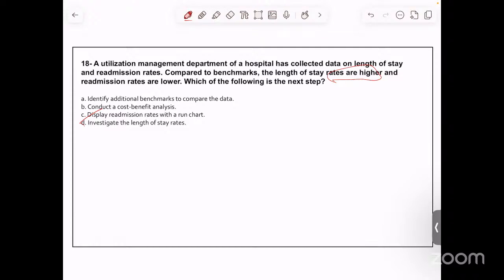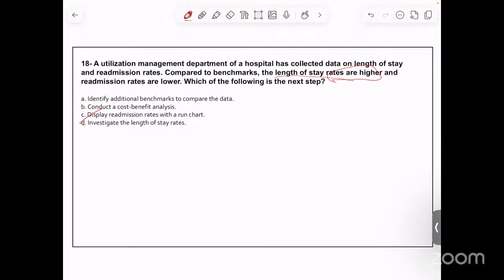Okay, what was your answer? Letter A is incorrect because the existing benchmarks already indicate that the length of stay is an issue, because the length of stay rates are higher. So further comparisons are not necessary at this stage. Clear? Letter B is incorrect because this does not directly address the issue of the higher length of stay rates.